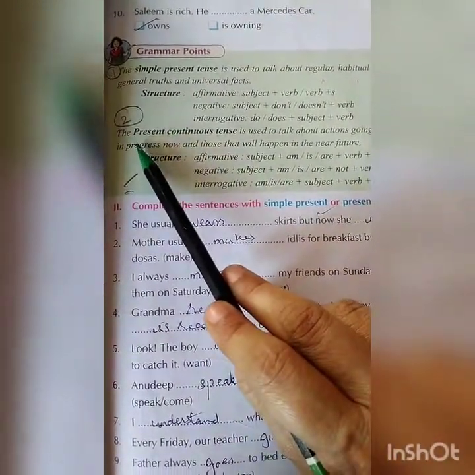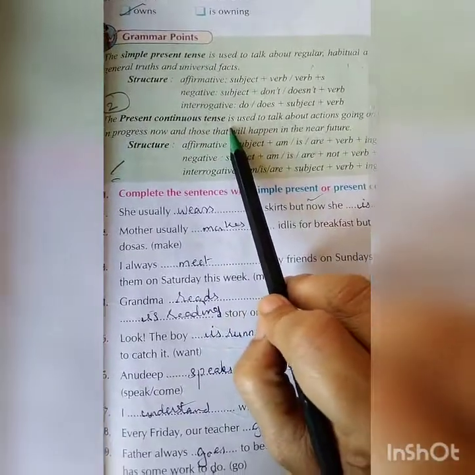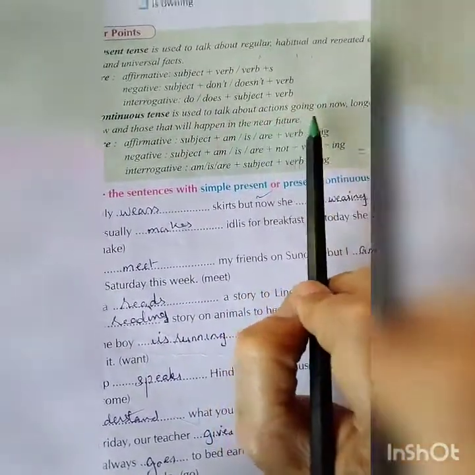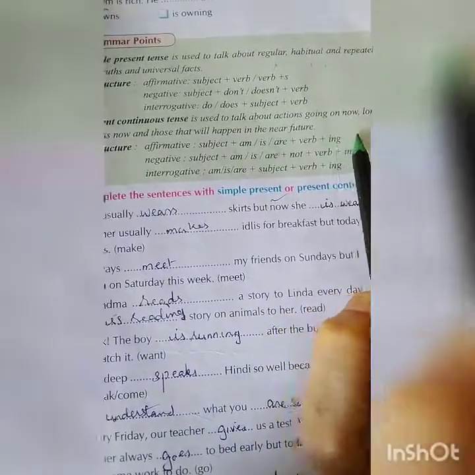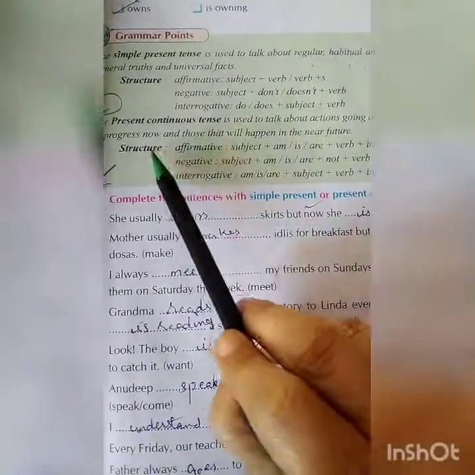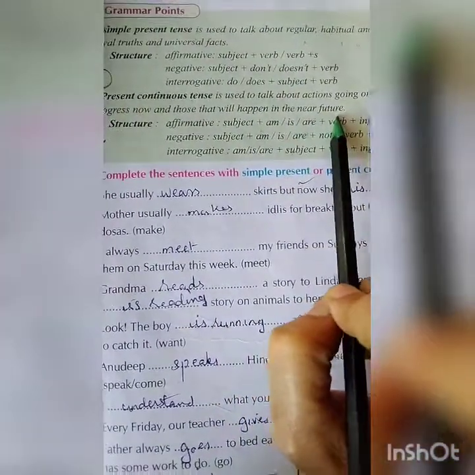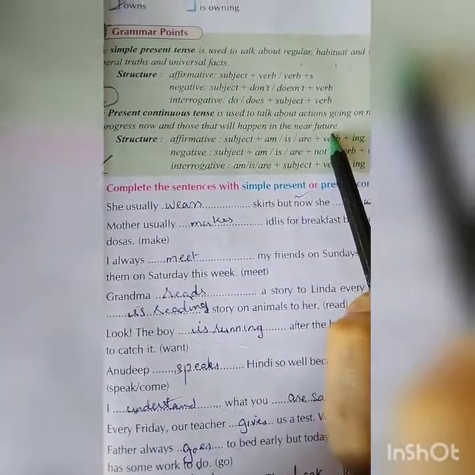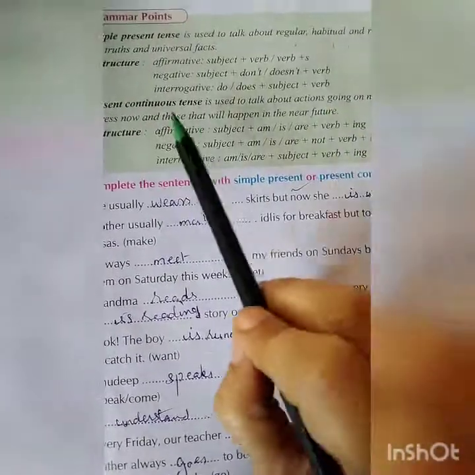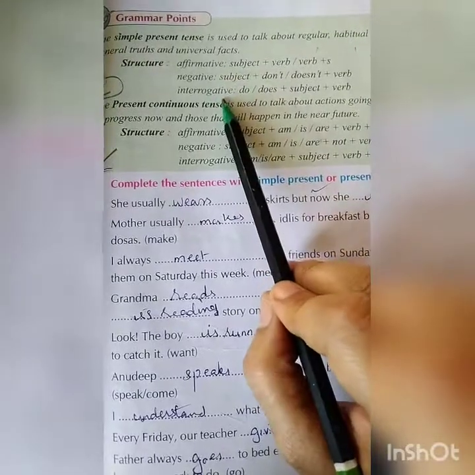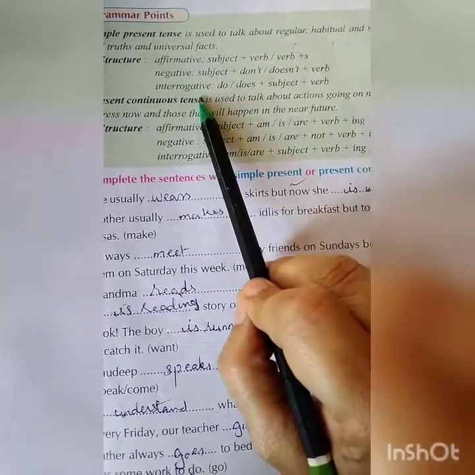Now we go to the next, that is the present continuous tense. Present continuous tense is used to talk about actions going on now, longer actions in progress now, and those that will happen in the near future. You can see over here the structure is given: affirmative, negative and interrogative. Three types of sentences are there.